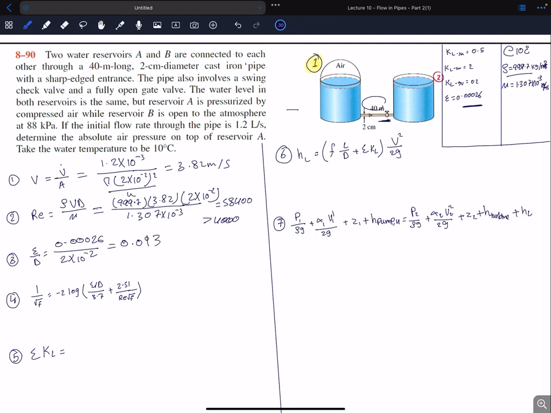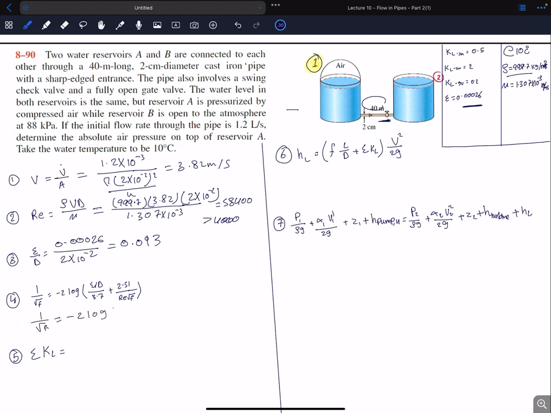Here is the equation for turbulent flow. We can apply it and calculate it by the Moody diagram or by calculator through a solver.